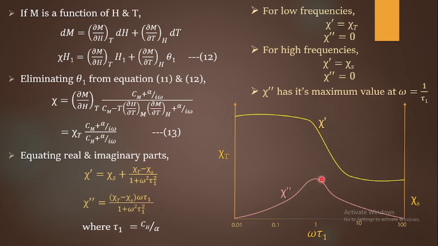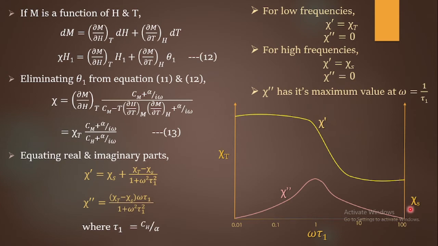And clearly we can observe that chi prime is having a greater value because of this plus sign, and chi double prime is having a smaller value. And chi prime at lower frequency is almost constant, and when omega is equal to 1 by tau 1, it goes on decreasing and again attains some stable value which is equal to chi s.